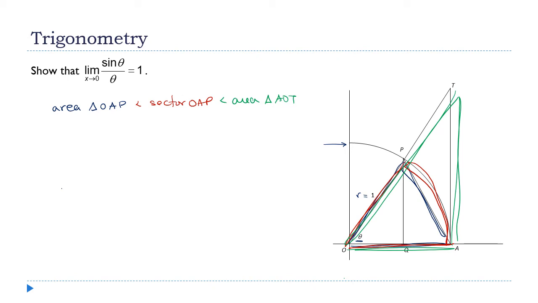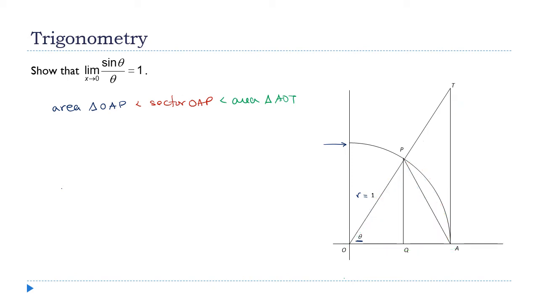So we've got this inequality, and that's great. What I want to do now, I'm going to clean up a little here, is rewrite these areas in terms of the radius and the angle. We should be able to do that.